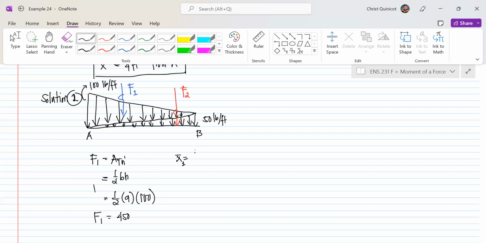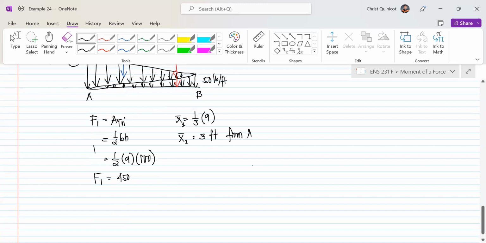So that is 1/3 times 9. So x bar 1 is equal to 3 feet from A.